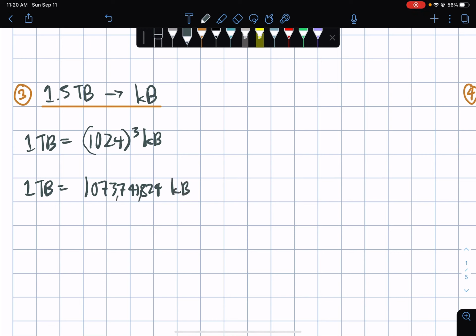So it's 1,073,741,824 kilobytes. We wouldn't have to write the entire whole number for the fraction making process, so we stick with this equation. So 1 TB over 1024 raised to 3 KB is equal to 1024 raised to 3 KB over 1 TB.